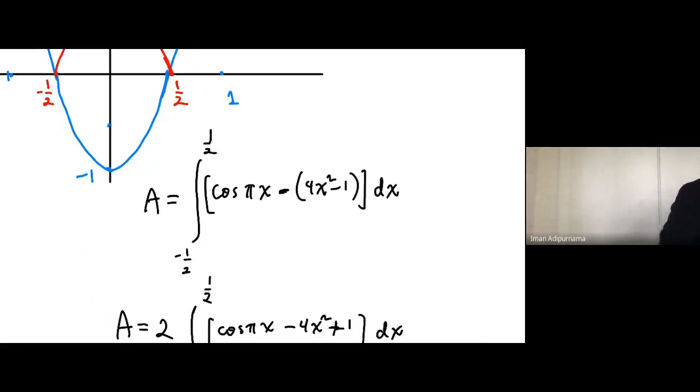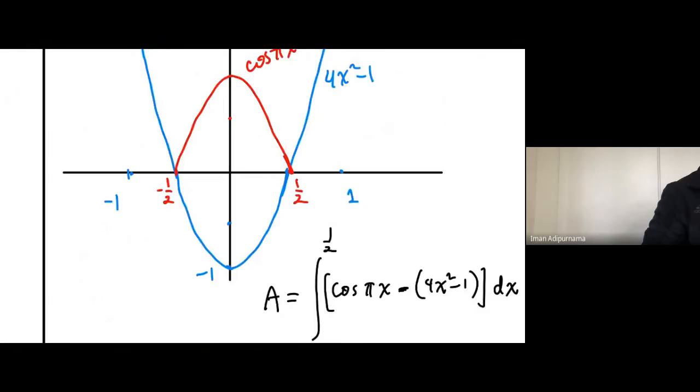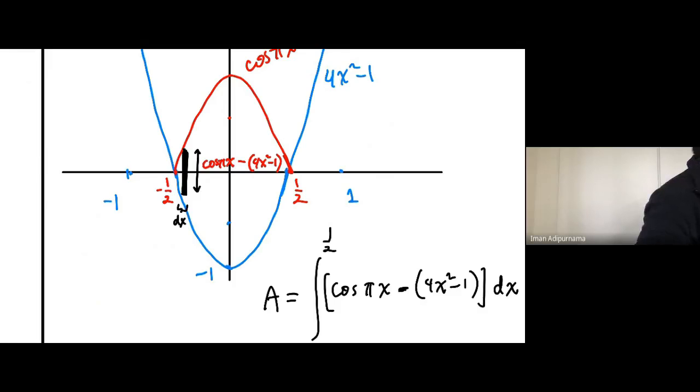So here the top one is cos pi x. If we are looking at these integrations, basically we are looking at this rectangle, where this is the dx, and this height is the difference, the red color: cos pi x minus the 4x squared minus 1. The height difference.